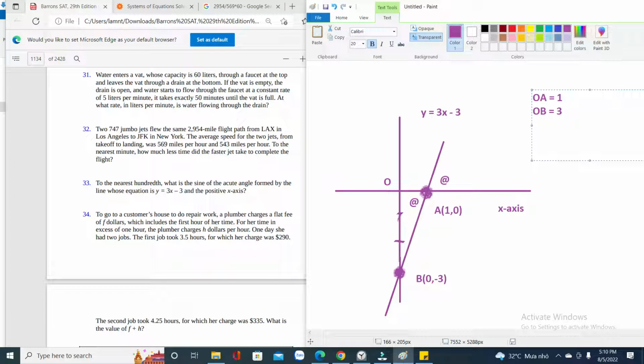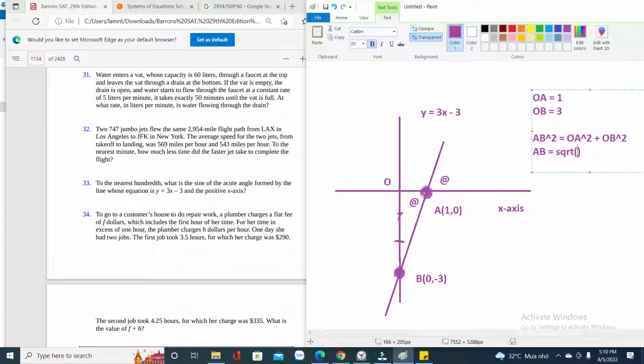And so AB squared is equal to OA squared plus OB squared, because of the Pythagorean theorem. So AB is going to be the square root of OA squared plus OB squared, right?